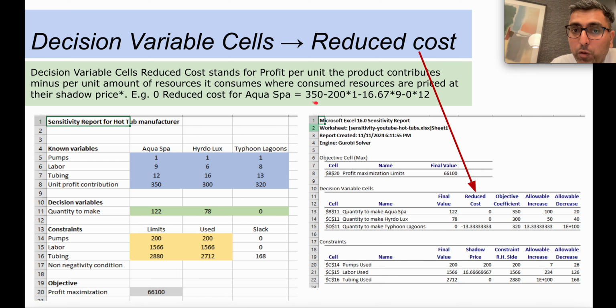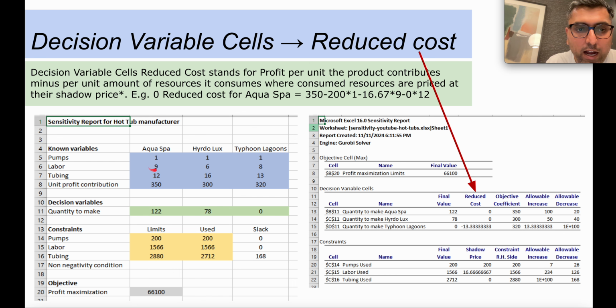So you built this product that made you $350, but you used one pump, and the resource is valued at $200. That's this value, the shadow price. So you reduce the profit you made by the resources that you used. You used one pump at $200 per pump, and we will see what shadow price is, which is how much each unit is contributing. And we are using minus 16.67 times 9, which is for every labor used.